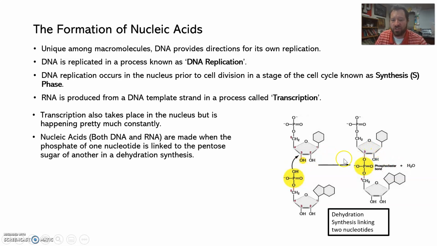We saw dehydration synthesis when we linked together amino acids to make proteins. Here's another one. The OH is going to run away with this H. They form H2O. You've got water. You've got what's called a phosphodiester bond. That's the phosphate linking together the two sugars now.